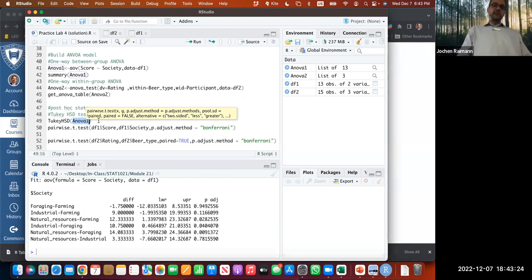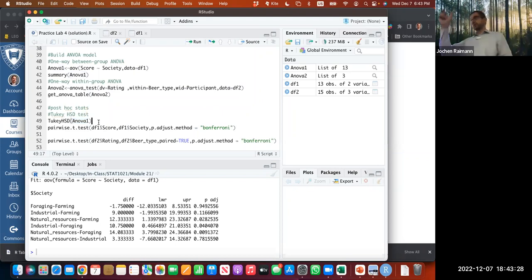This Q will be read against the Q table and will allow you to test each of these means that you have obtained from your different groups against each other with a quote-unquote different critical value.